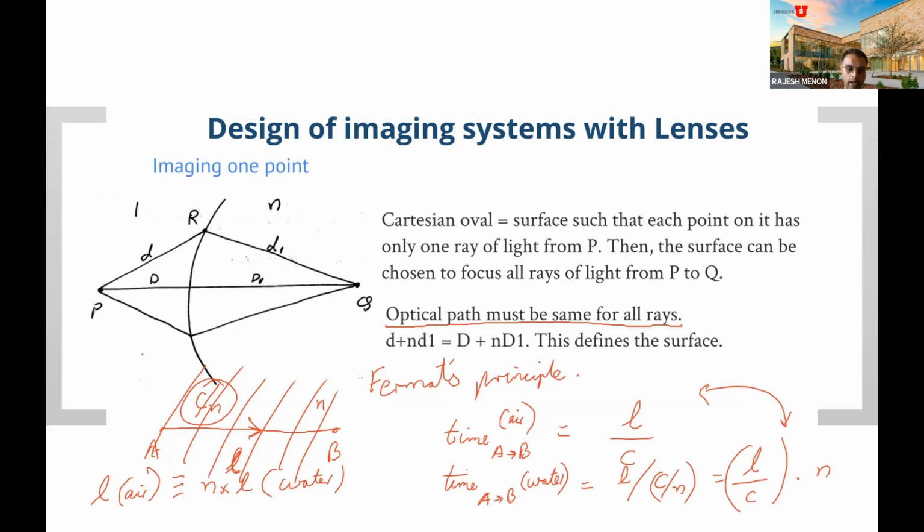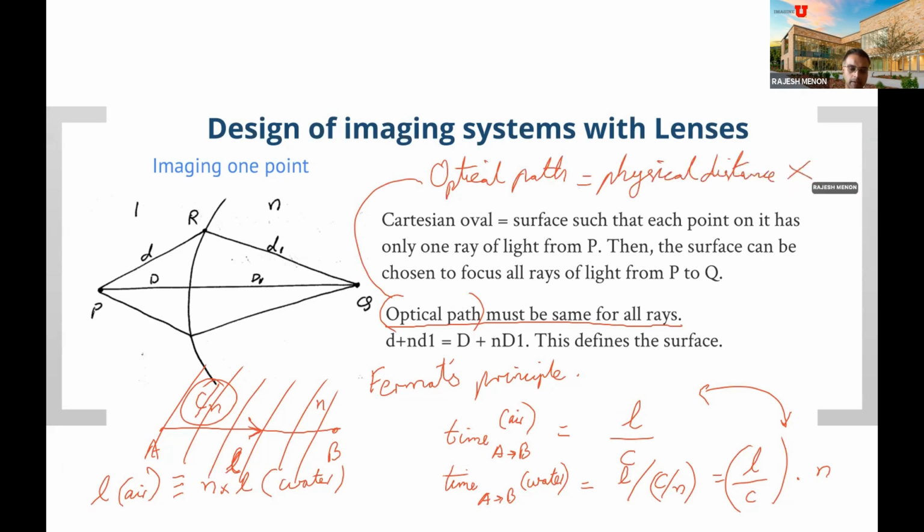Okay, now I can define an optical path. Optical path is defined as the actual physical distance multiplied by the refractive index of the medium. Of course, if the refractive index is 1, as it would be for air or vacuum, then the optical path is equal to the physical distance.